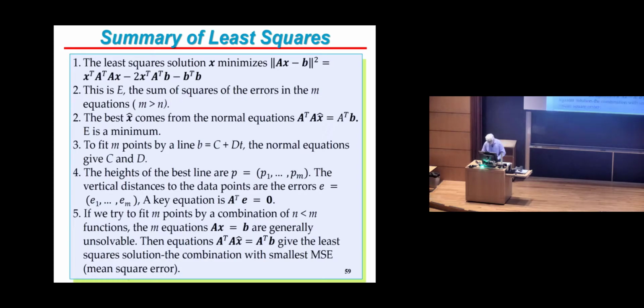So what I'm going to do is go to the summary of the things we were discussing in the previous lecture, and then I'm going to try to do one or two examples, and then we will move on from this topic.